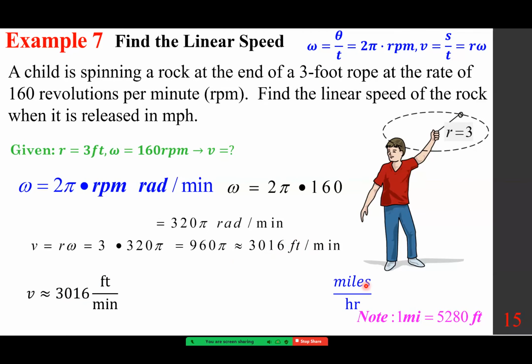So we want the miles at top. 1 mile is 5,280 feet, right? So we can say 1 over 5,280 or 5,280 over 1. Because we want the miles at top, we put 1 mile over 5,280 feet. Okay, so that takes care of that. Minutes, we want to go to hours. So we're going to put 1 hour is 60 minutes.